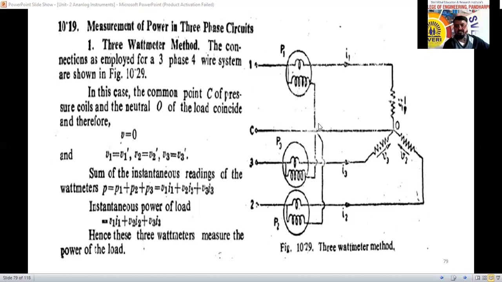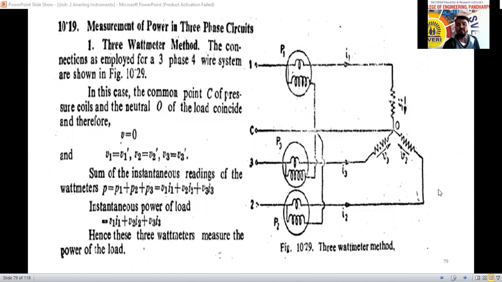This pressure coil I will connect here, and the other pressure coil's common point I will use here. So the power consumed by phase 1 to 2, phase 1 to 3 and phase 2 to 3, by adding P1 and P2, we will get the same output.